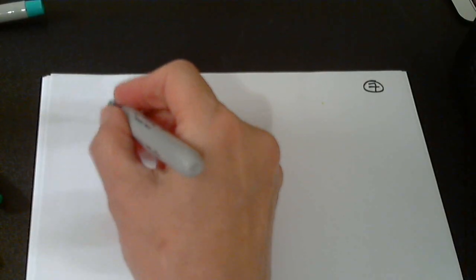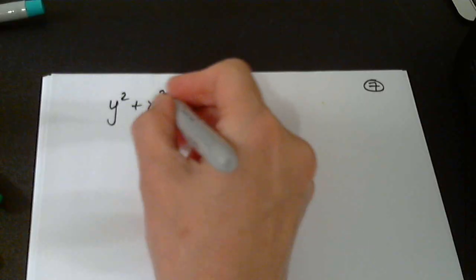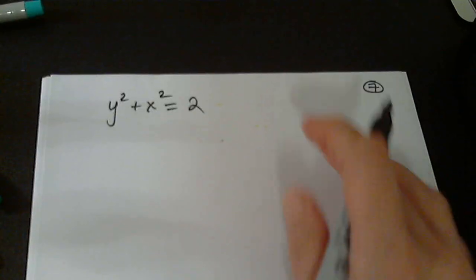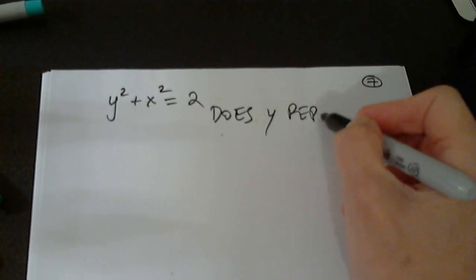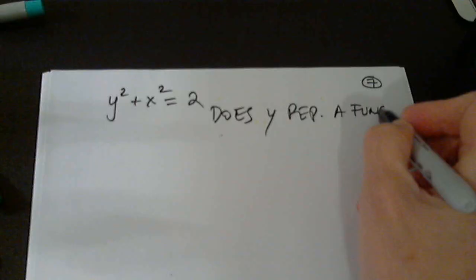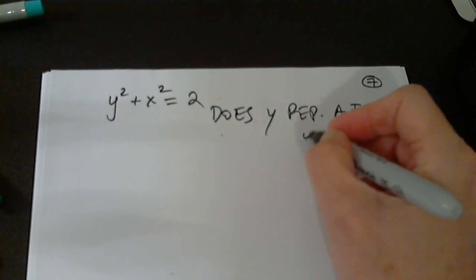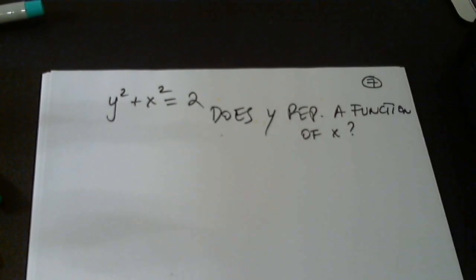Let's suppose I have x squared plus y squared equals 2. Does y represent a function of x? How do I determine yes or no? What do I need to do?